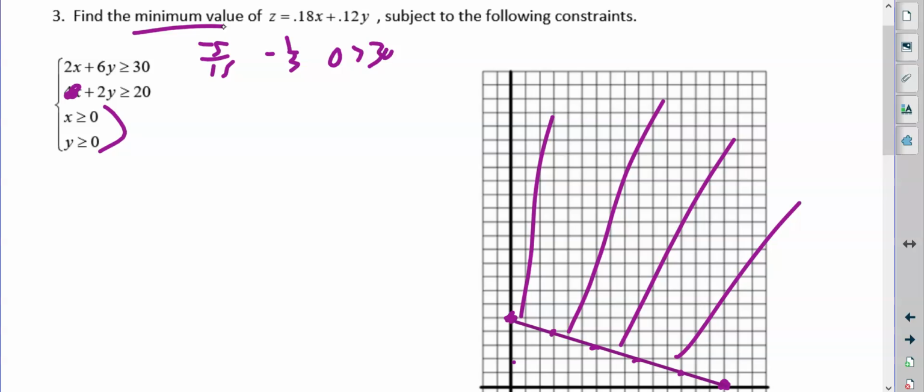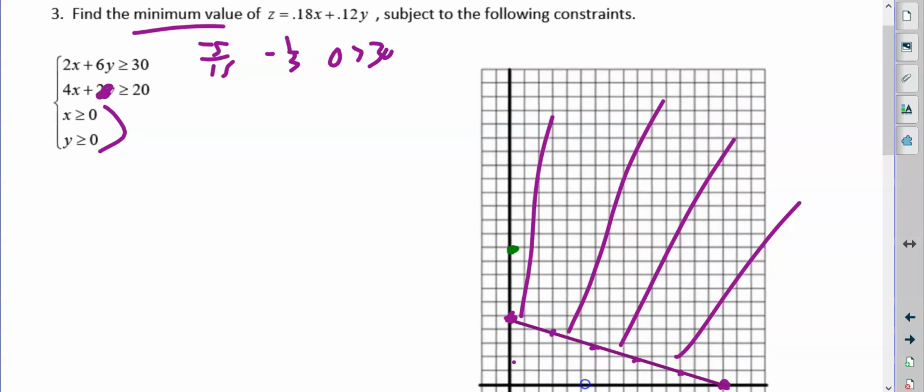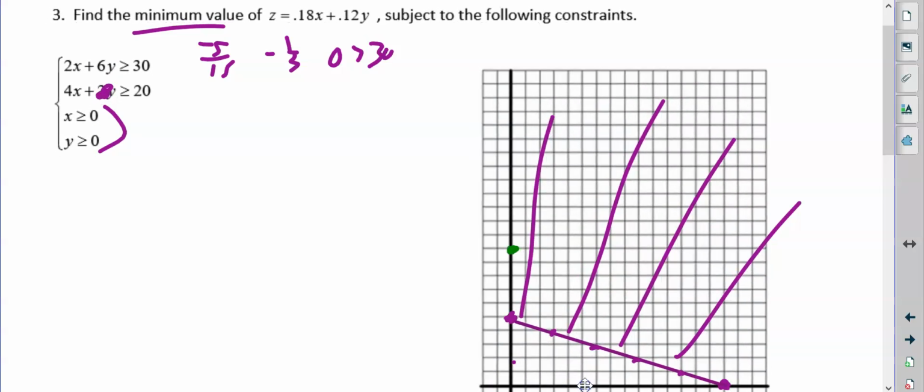Okay, back to the other one. Y is 10. So this was 5, 6, 7, 8, 9, 10. Move this. X is 5. 1, 2, 3, 4, 5. Whoops. Messed that up.